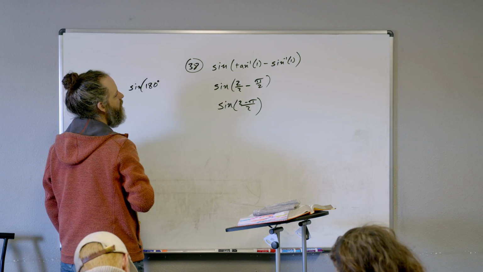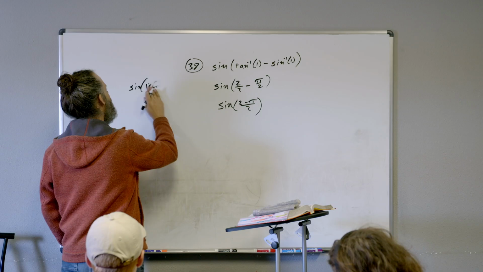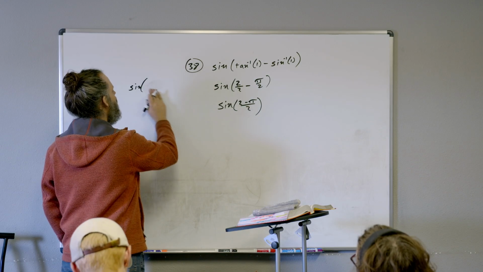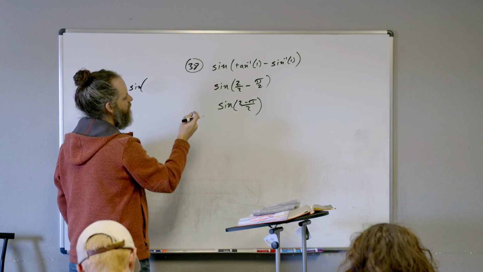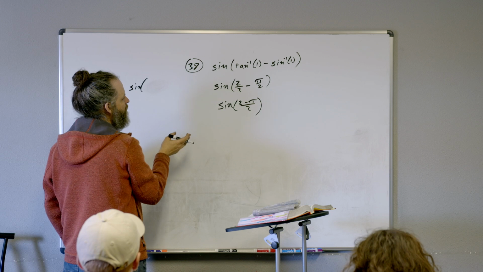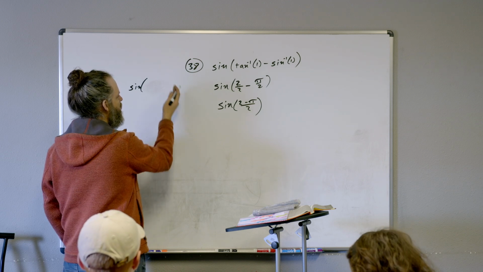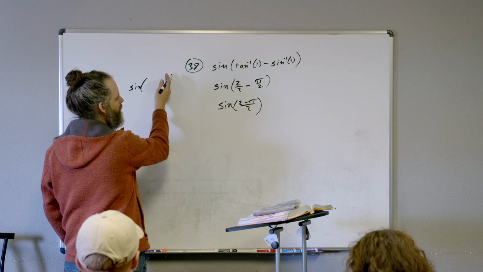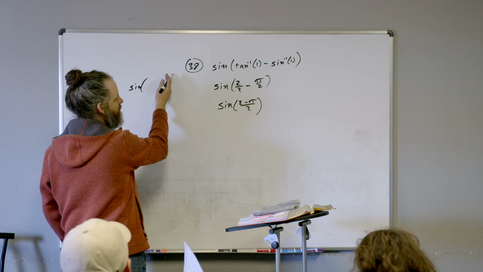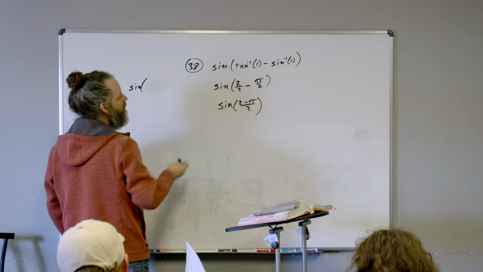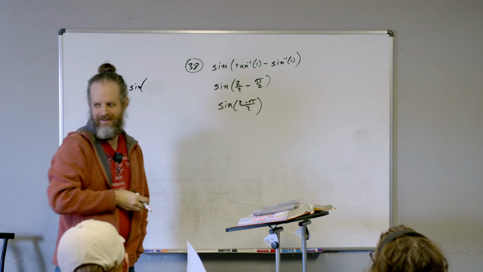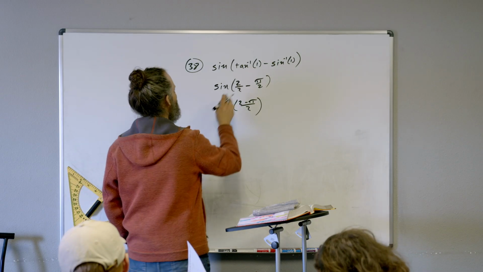Why is that 180? No, that's not right. It's 90, right? The first one's 45. Pi over 2 is 90. The inverse sine of 1 is 45 degrees. This is wrong. That's why it was being off.